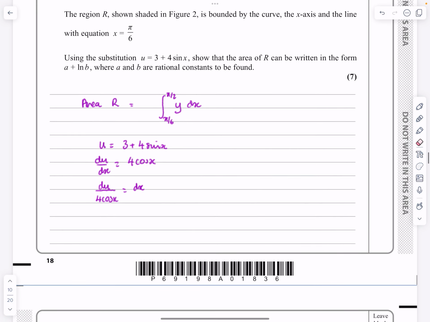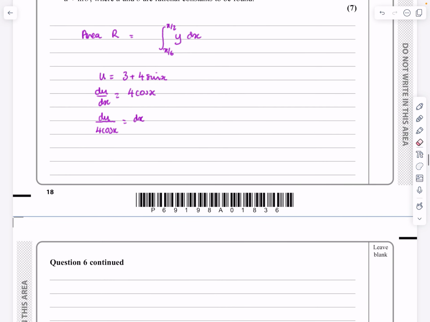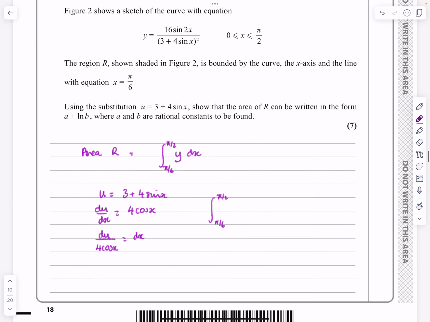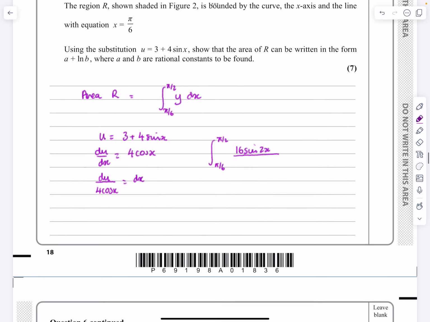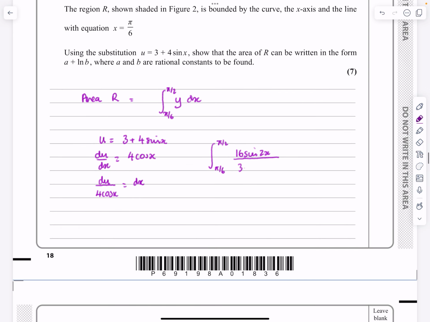We've worked out our dx, so the question is now going to be the integral between pi over 6 and pi over 2 of 16 sine 2x all over (3 plus 4 sine x) squared dx.